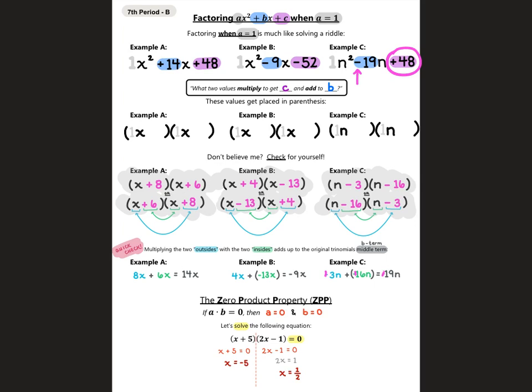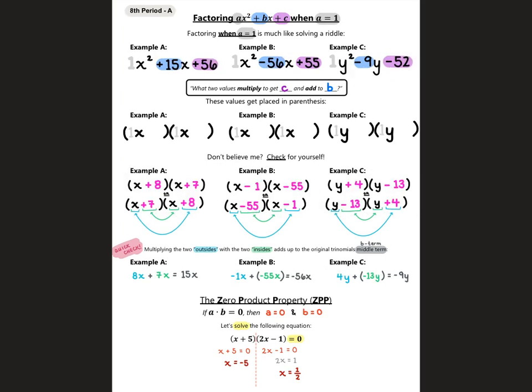Again, we did some different types of examples with our 8th period A group. We picked out some different factors. They did something interesting here with 8 times 7 and 7 times 8, and adding those together.